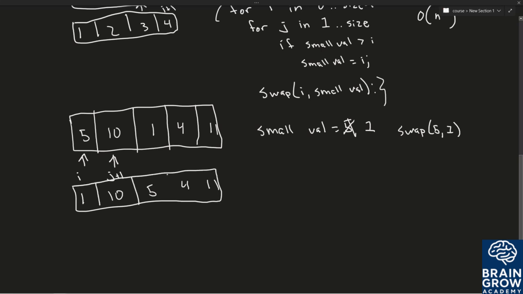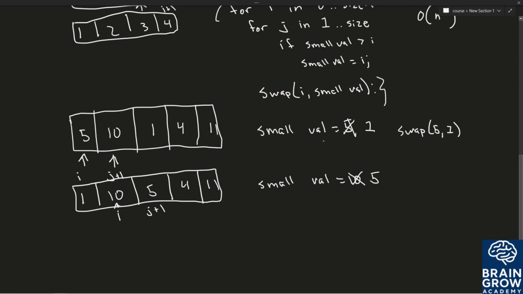And now that we know that 1 is completely sorted and definitely in the correct order, our new I is now 10, and this is our j plus 1. So our small val is equal to 10. Is 10 greater than 5? Yes, it is.